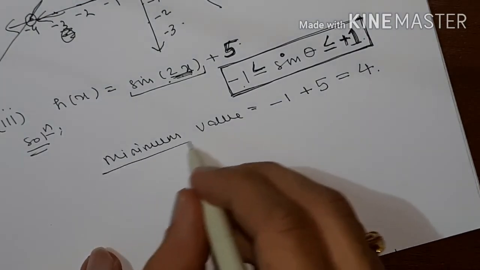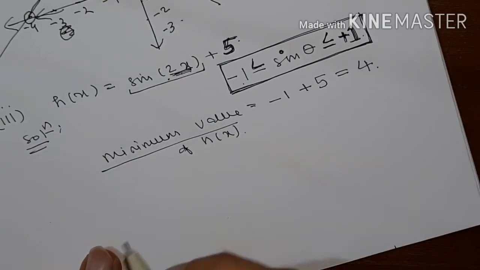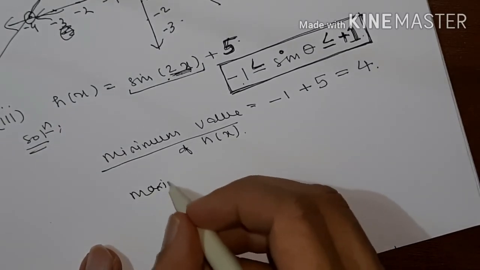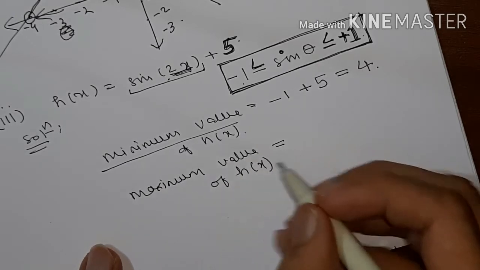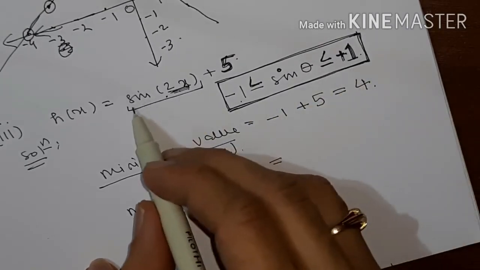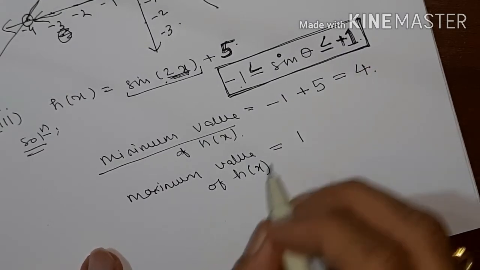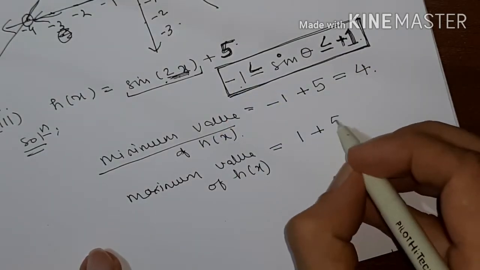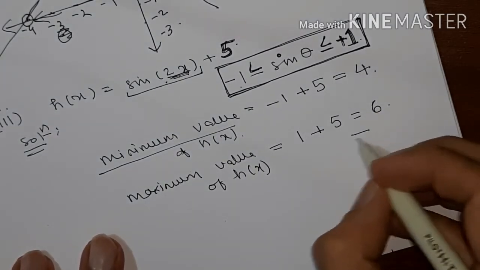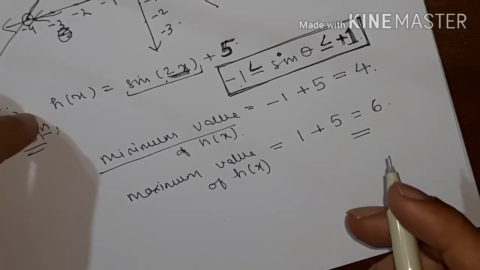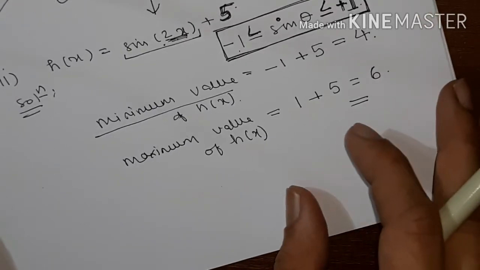So the minimum value of hx is 4. Now the maximum value of hx will be when the sine takes the maximum value, that is 1, and here you have plus 5, so the maximum value is 6. So the function h will have minimum value 4 and maximum value 6.